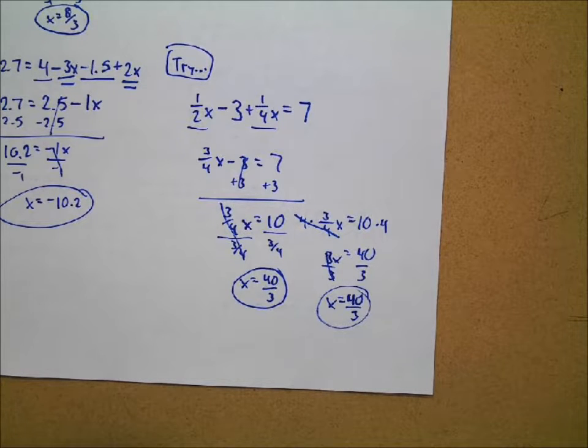I can multiply by the reciprocal on both sides, and those will cancel, and then I get the 10 over the 1, 40 over 3. So that also works. You can multiply by the reciprocal. Multiple ways to get the answer. Hopefully, one of you will pick one of those and go with that. All right. Let's continue on here, though. So that's a nice way to do it too, if you liked using the reciprocals.